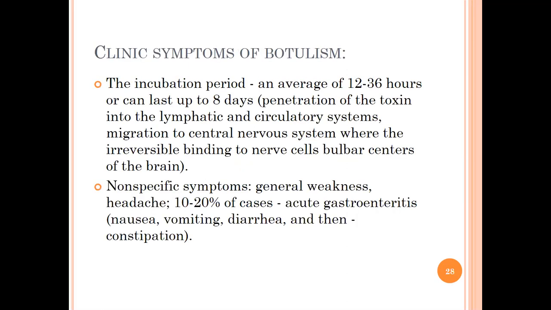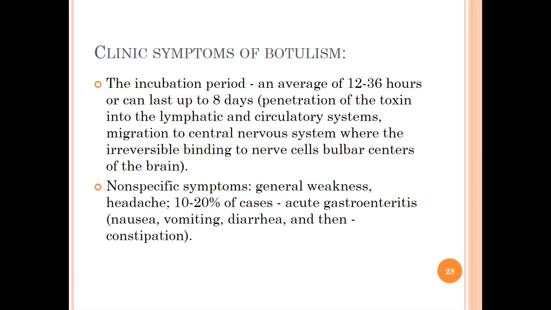What are the main clinical signs of botulism? The incubation period lasts from 12 to 36 hours up to 8 days, and it depends on the time of penetration of toxin through the lymphatic and blood system to the central nervous system, to the irreversible binding to nerve cells and bulbar centers of the brain.